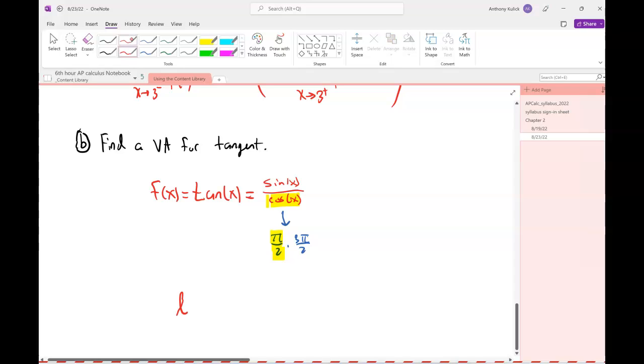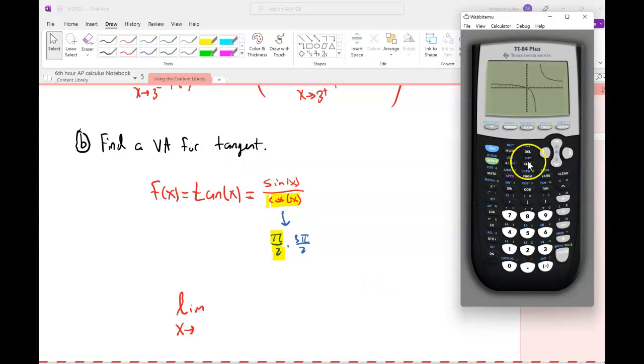So I'm going to then be interested in the limit as x approaches either the left-hand side or the right-hand side of pi over 2. Let's take a look at the graph of tangent and see which one I would want to use. If it matters, maybe it doesn't.